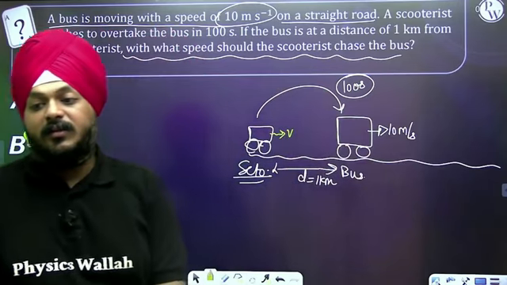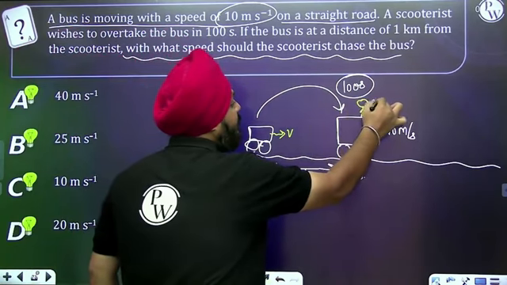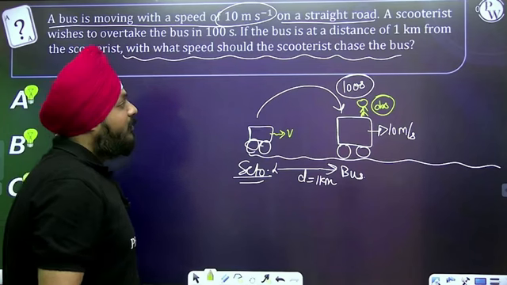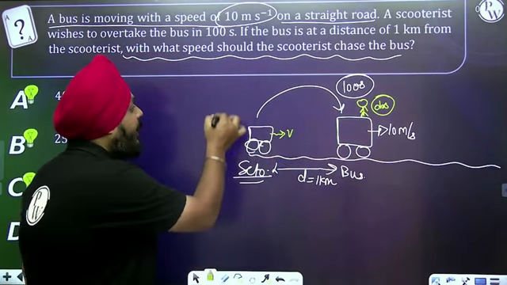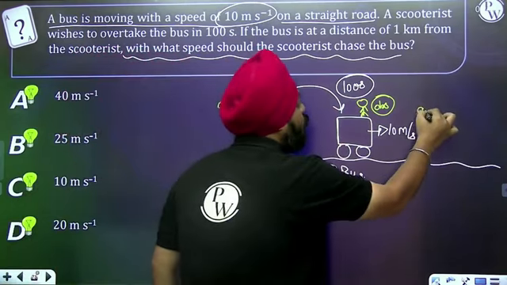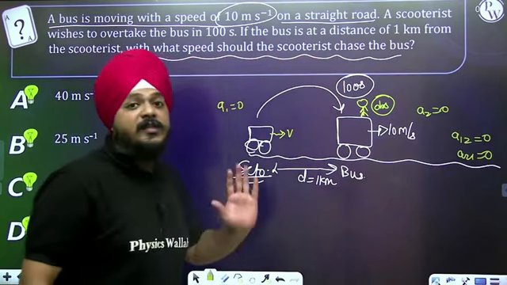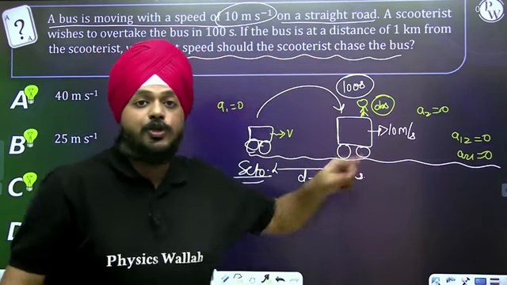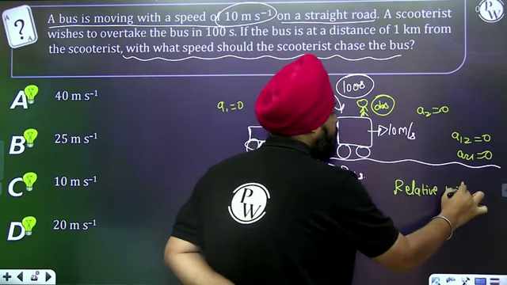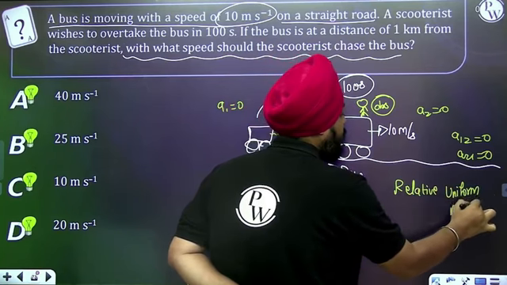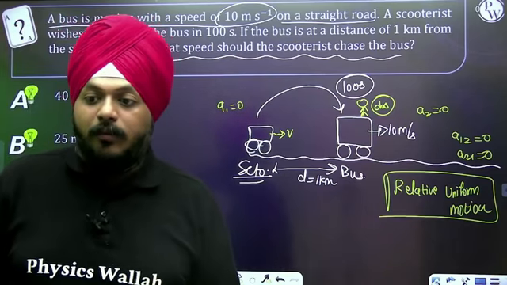Relatively, first of all, let's keep the observer on the bus. Check whether any of them is having acceleration. No. A1 is 0 and A2 is also 0. It means A12 is 0 and A21 is 0. It means it is a case of relative uniform motion.